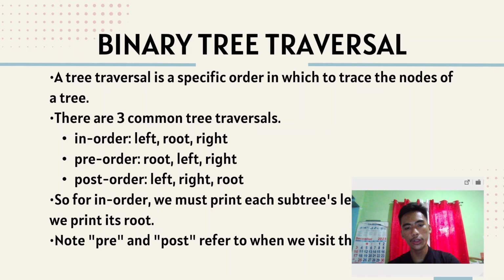The last is a note on pre and post. The terms pre-order and post-order refer to when the root is visited during the traversal. In pre-order, the root is visited before the left and right branches. In post-order, the root is visited after the left and right branches.